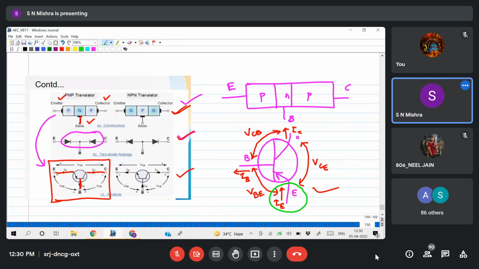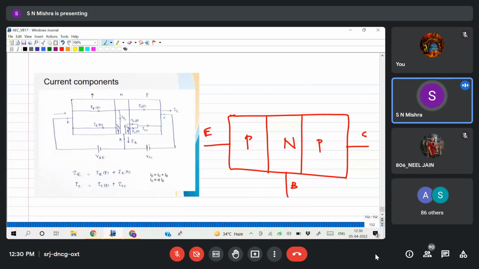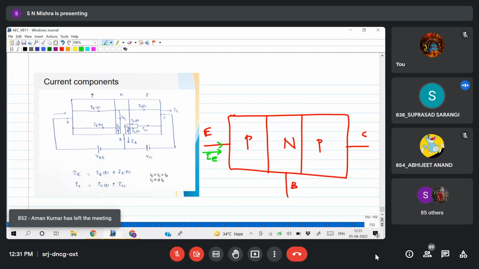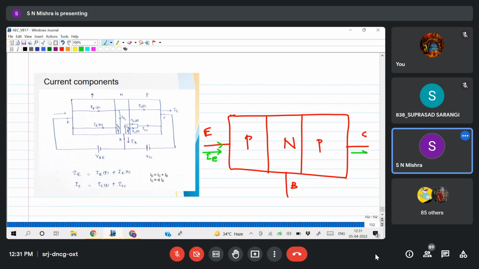The arrow is into the device. If I represent the same thing here, the arrow is like this, yes or no? Next, the collector current is outgoing, and the base current IB is outgoing.